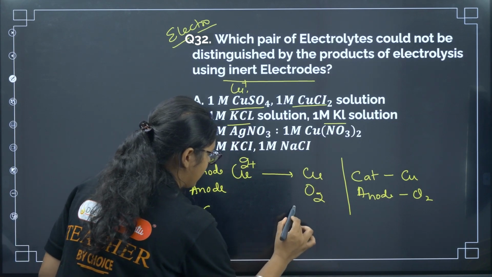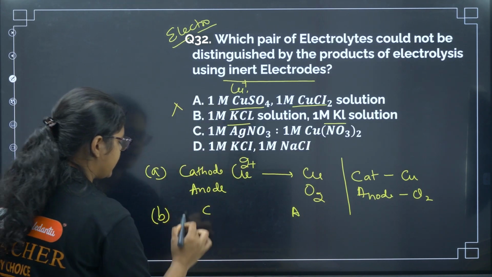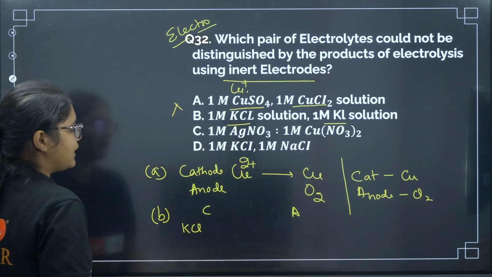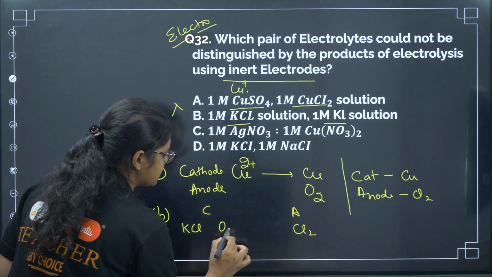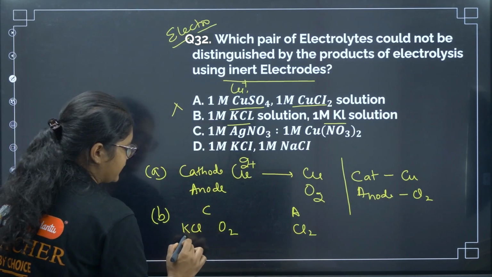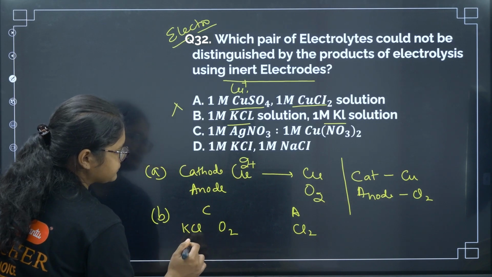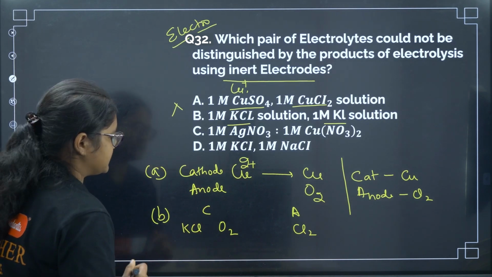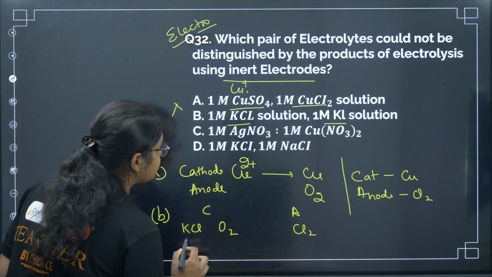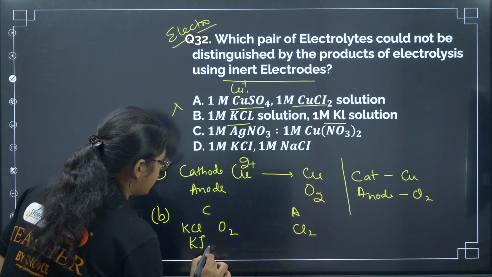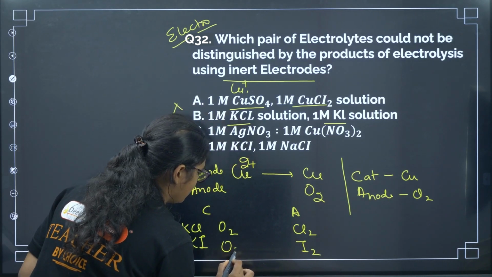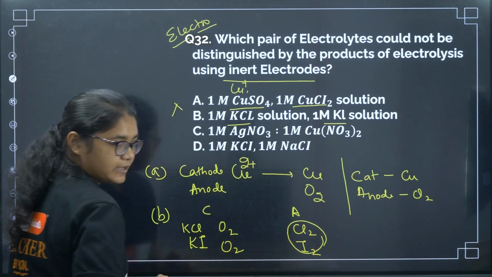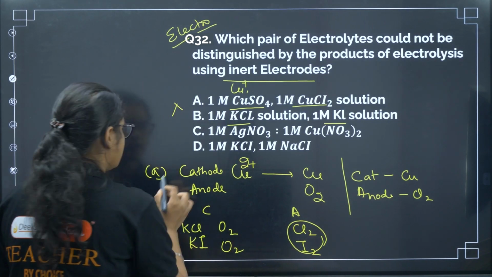For KCl, at the anode Cl2 will be produced, and at the cathode hydrogen will be produced. And for KI, at the anode you will find I2, and at the cathode you will find H2. So the products are different here, so this also cannot be the correct option.